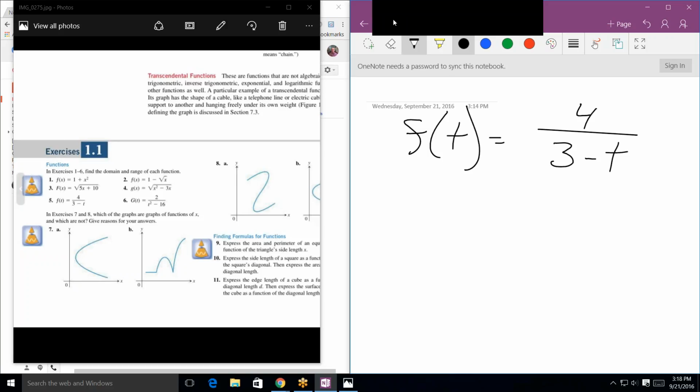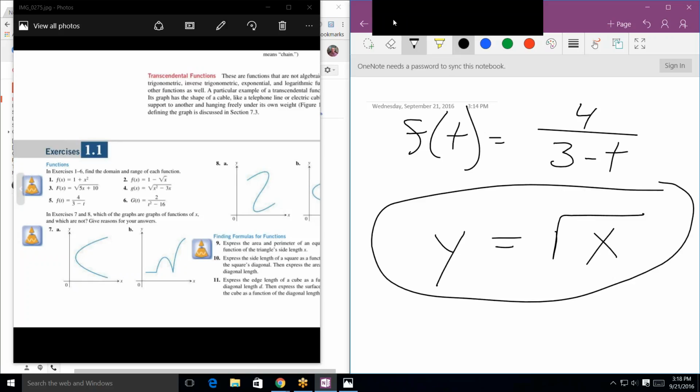I mean, let's back up a second. If I said y equals square root of x, what can y be and what can y not be? So it equals the square root of x. Yeah, if I gave you this function, the domain is x has to be greater than or equal to 0, right?